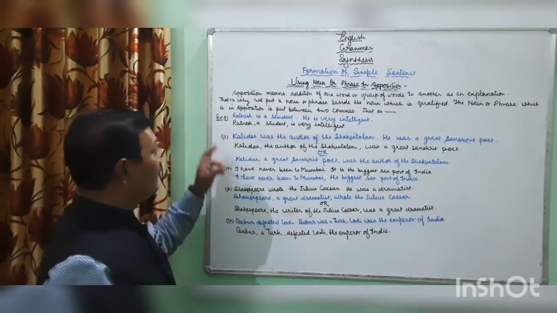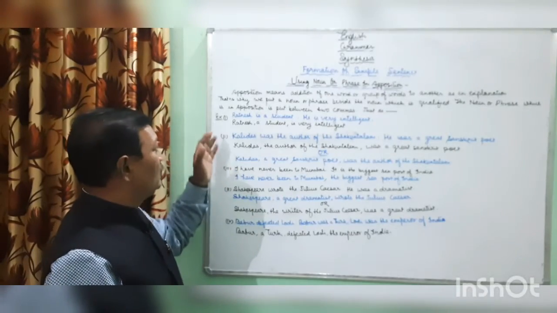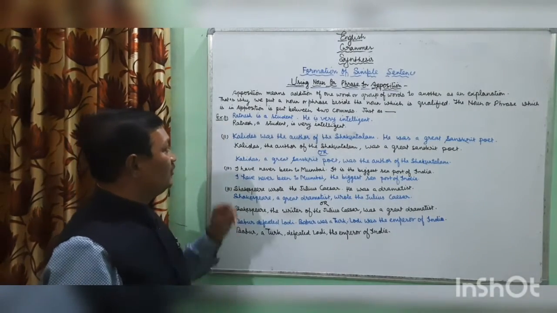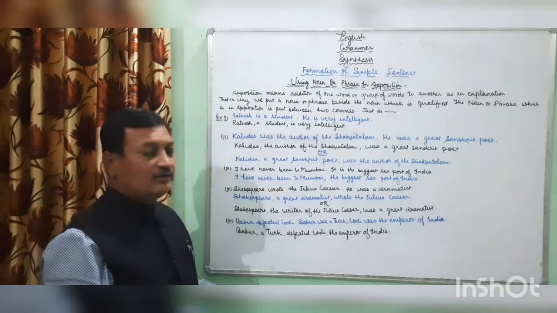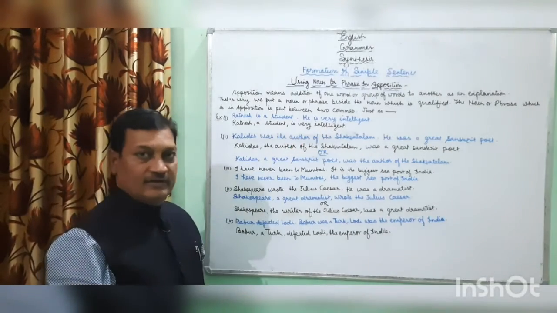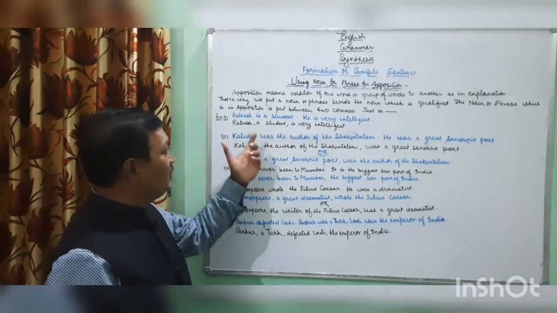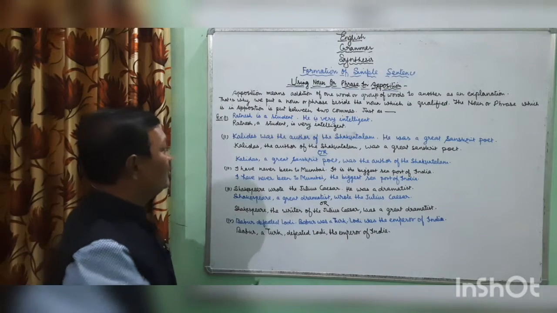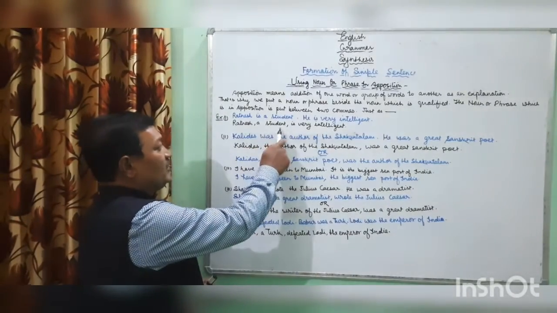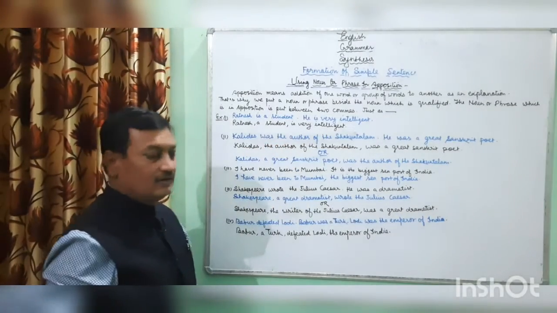Okay, let's see examples. Ratnesh is a student. He is very intelligent. Let's combine these two sentences. Ratnesh, a student, is very intelligent.